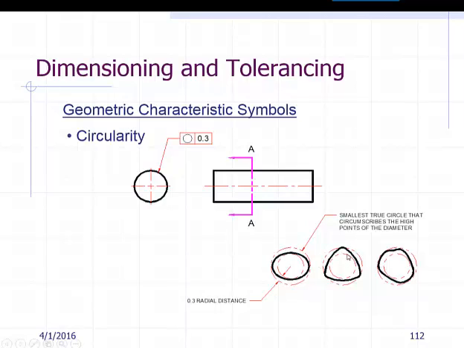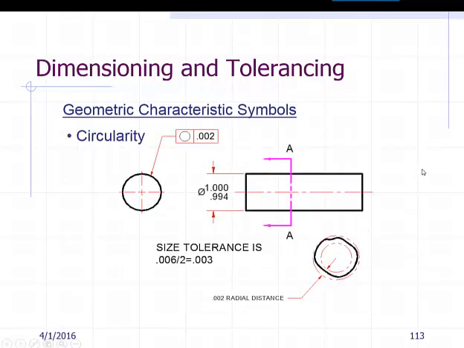This is of course blown up as well, so that you can see it. Important thing to note here, this 0.3 is not a diameter value, it's actually the distance between the 2 zones. So I don't want you to think that it's a 0.3 and we've got to divide that by 2 and we've got 0.15 on this side and 0.15 on this side. It's actually saying at any given point we've got a 0.3 tolerance zone between the smallest and the largest.